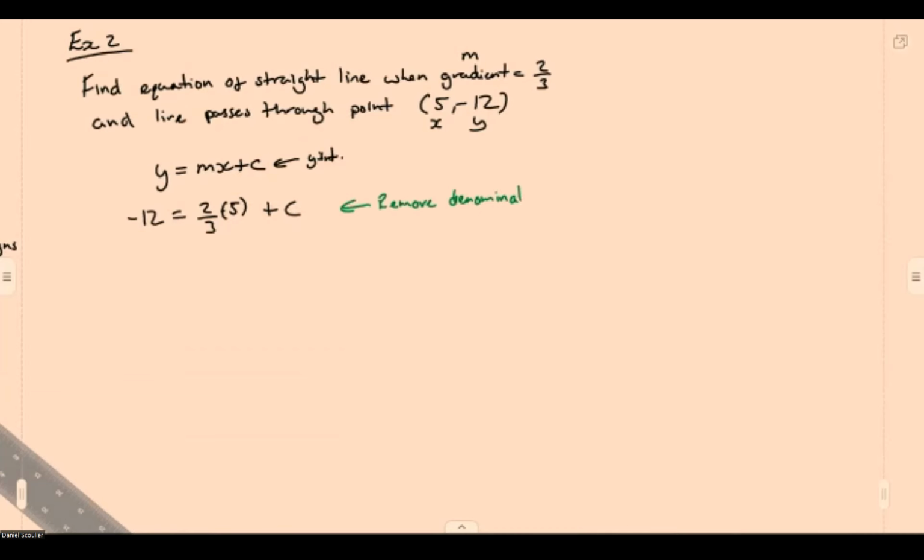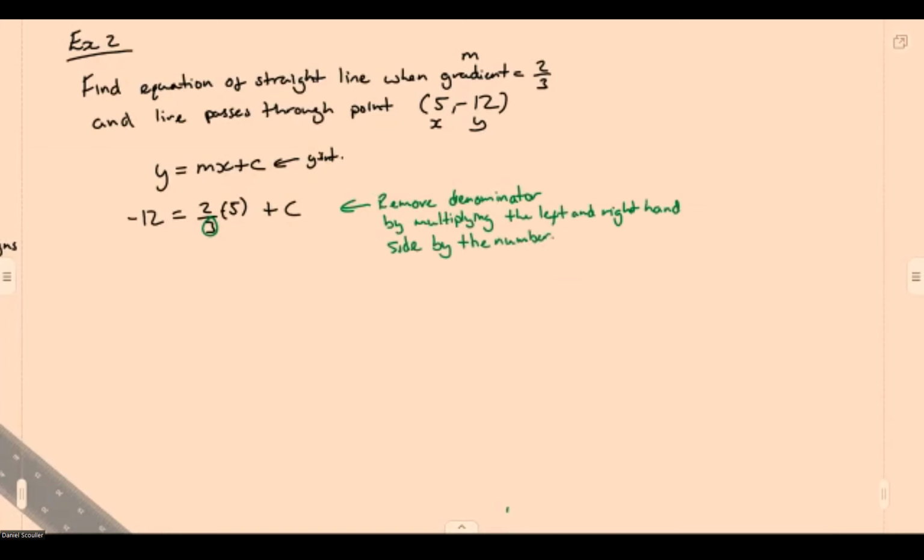Remove the denominator, the number on the bottom of that fraction, by multiplying by the number.